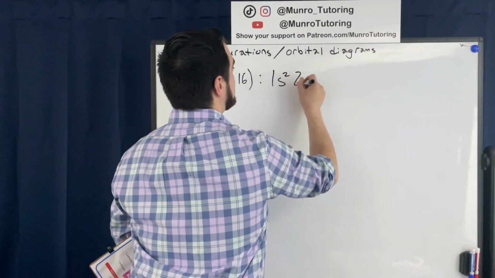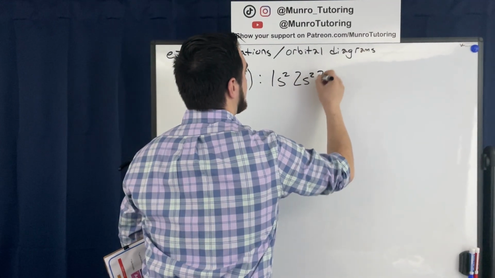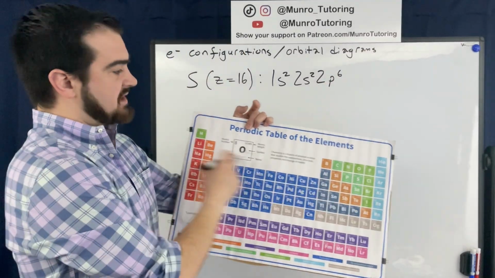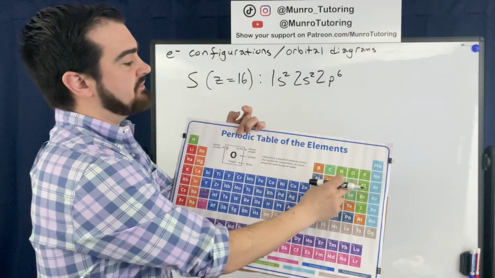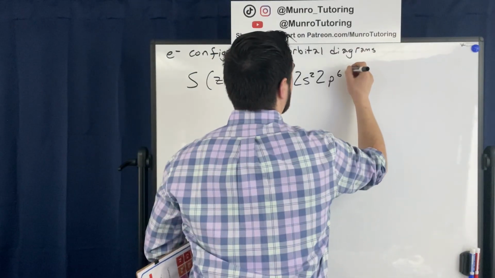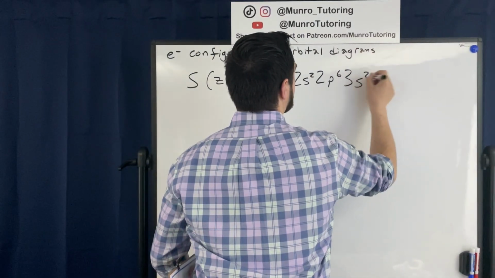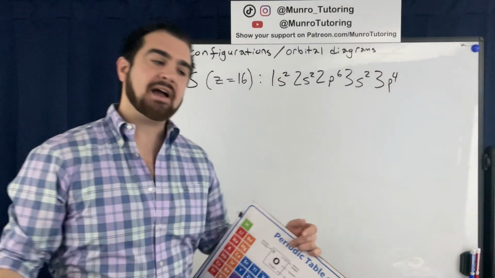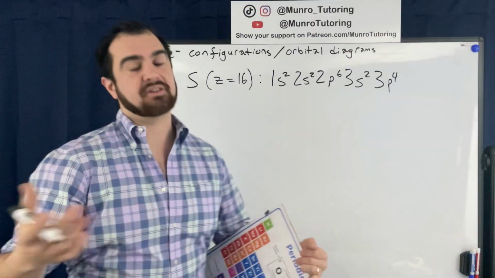So we have 2s2 and 2p6. And then we have 3s2 and 3p, 1, 2, 3, 4. It's the fourth one. So 3s2, 3p4, okay? So now, that's just the full electron configuration, right?